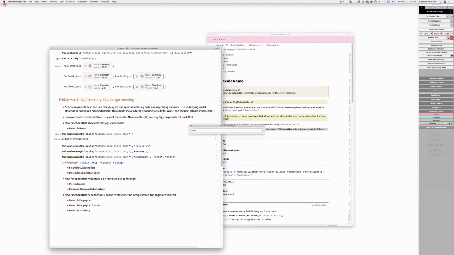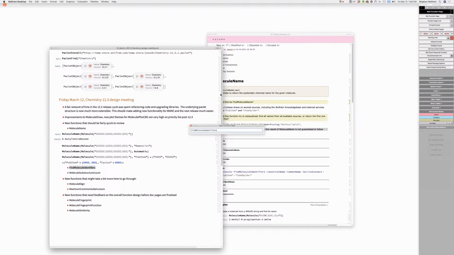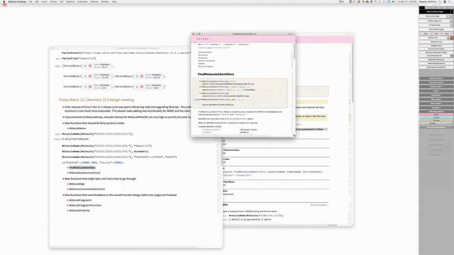Okay, on we go. This looks nice. Find molecular identifiers. Right. And so for 12.1, when external identifiers were introduced, I put these as properties for the molecule.